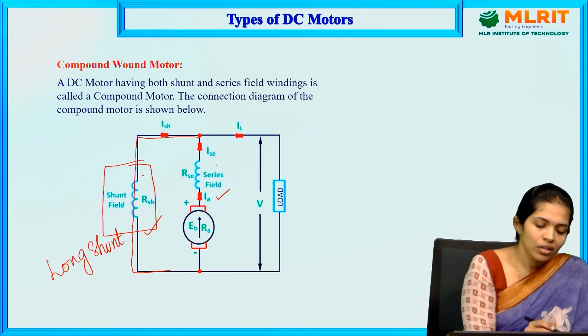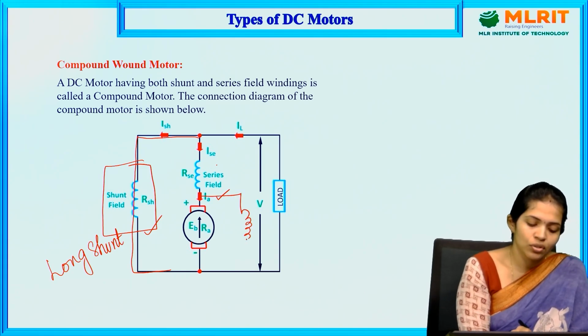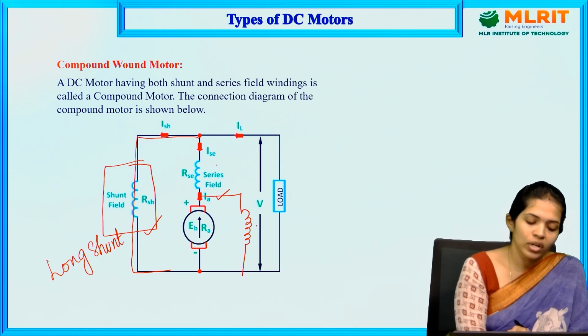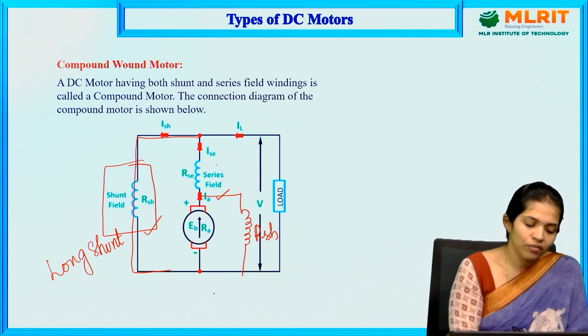Whenever you see a shunt field winding only connected across the armature of your motor, then this kind of motor is called a short shunt compound motor.